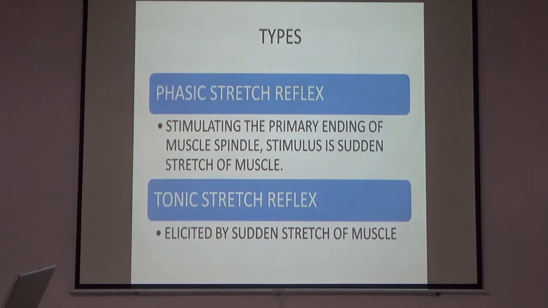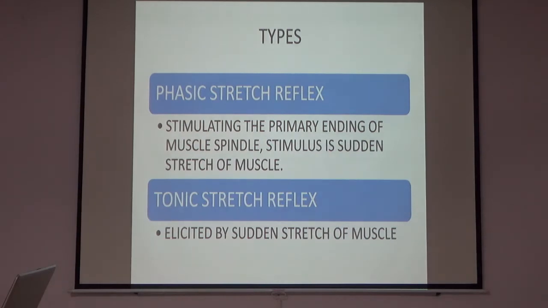What happens? The 1A afferent stimulates the homonymous motor neuron, which causes contraction of the protagonist muscle, also called the agonist muscle, and it also causes inhibition of the heteronymous motor neuron, which causes the relaxation of the antagonist muscle.